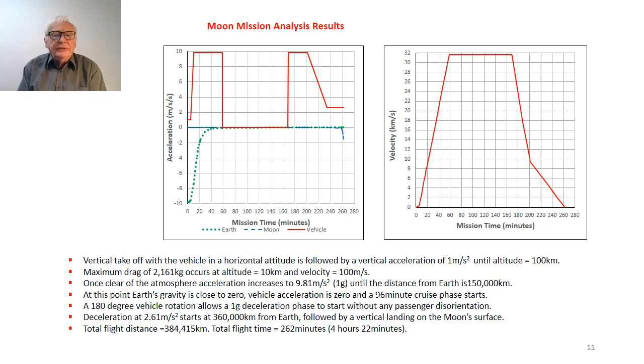We have covered then a total flight distance of 384,415 kilometers, and it's taken a total flight time of 262 minutes, which is a 4-hour, 22-minute flight, which is, I would suggest, very acceptable for space tourism flights to the moon.